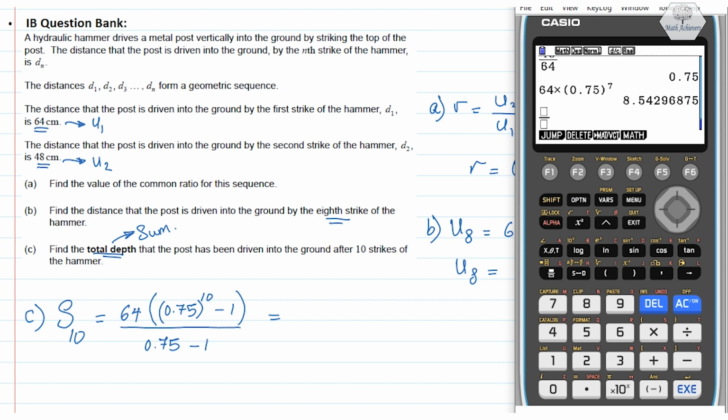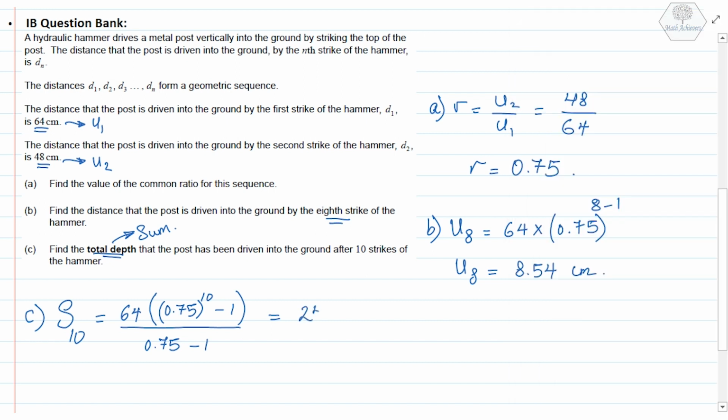So I have 64 times 0.75 to the power of 10 minus 1, divided by 0.75 minus 1. And this is equal to 241.5. Rounded to 3 significant figures, it gives me 242 centimeters. And by this, I could solve this question on geometric sequences and series.